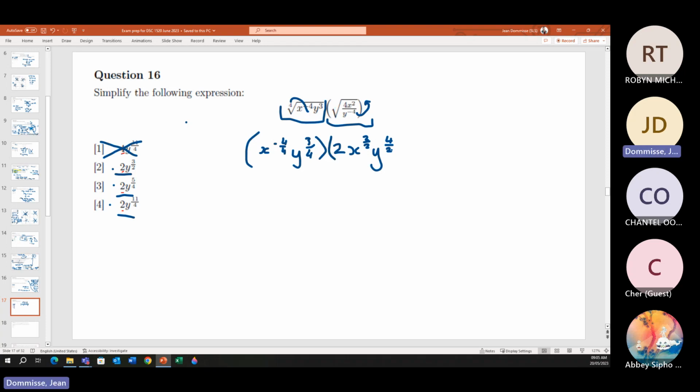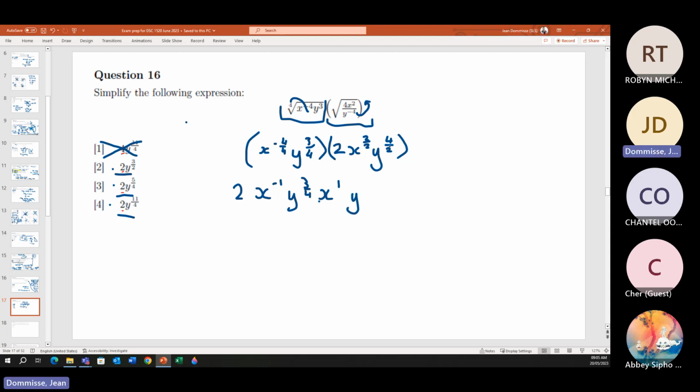Okay, so now we can at least simplify. So let's do it. That one would have been -1. Nothing we can do there. We bring the 2 to the front. X to the power of 2/2 is 1.